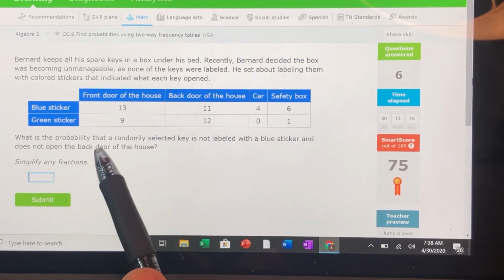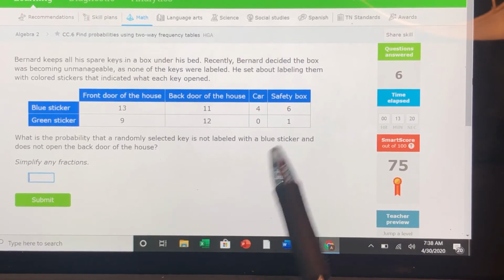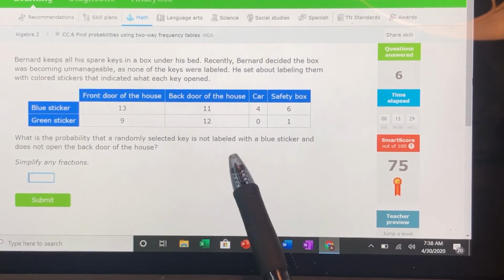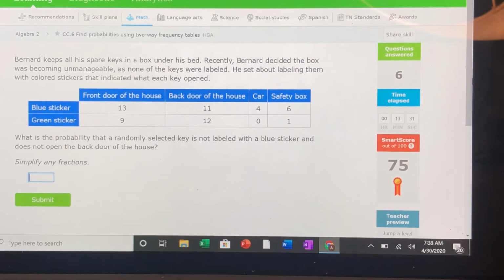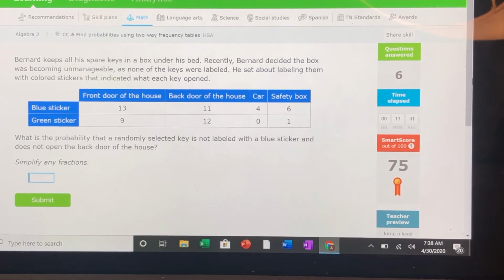So let's see, what's the probability that a randomly selected key is not labeled with a blue sticker? Okay, if it's not labeled with a blue sticker, then what label is it? It's green, right? So this is just a fancy way of them saying it's got a green sticker. And does not open the back door of the house. So it's got to be green, we know that so far, and it cannot open the back door of the house.